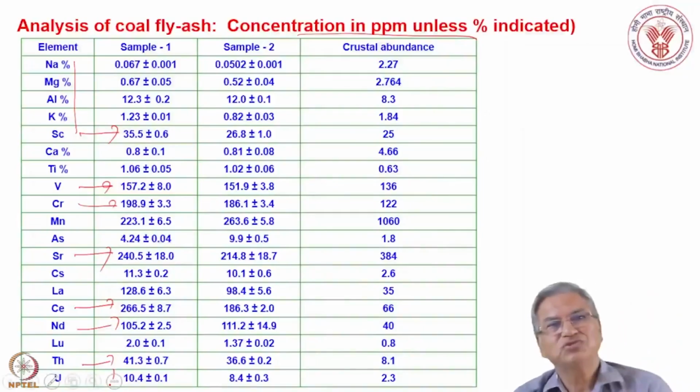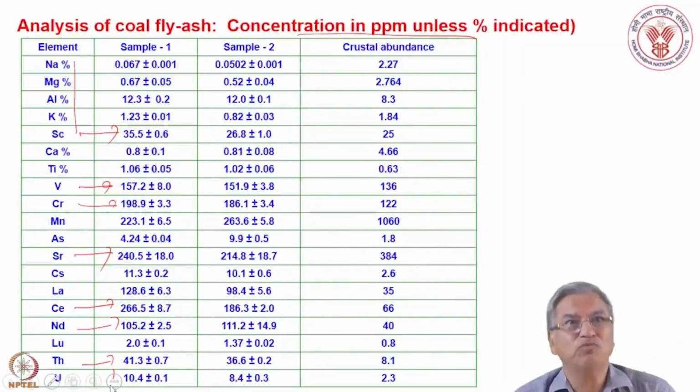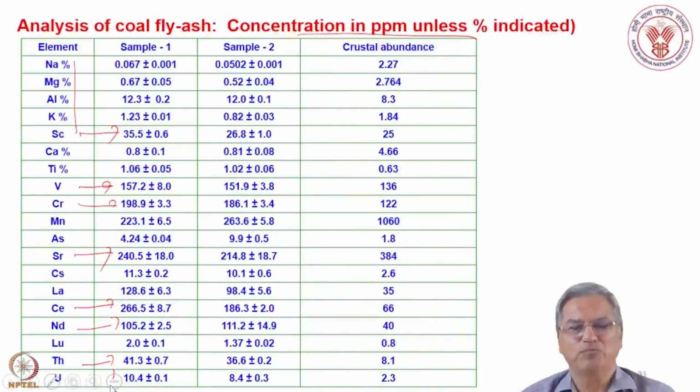So this coal fly ash can be used as a rich source of certain elements, whereas at the same time, high concentration of certain elements can lead to diseases in the area. And so, in the environmental clearances of certain plants, this data is utilized for seeing that the plant is working in the proper way.